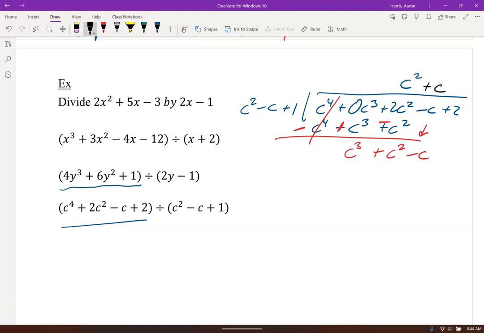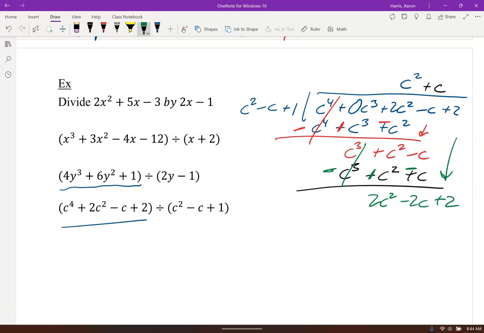So now let's multiply through. c times c squared, c cubed. c times negative c, negative c squared. c times 1, 1c. Don't forget, you've got to change these signs. Gone. c squared plus c squared, 2c squared. Negative c minus 2c. And bring down the plus 2.